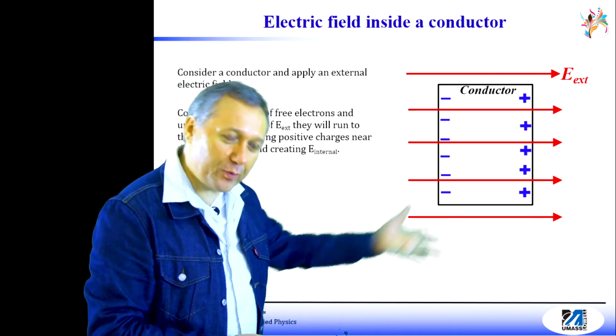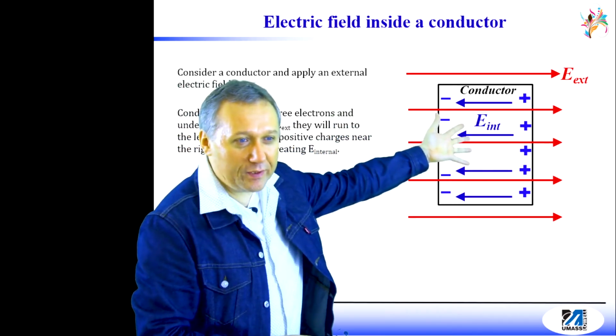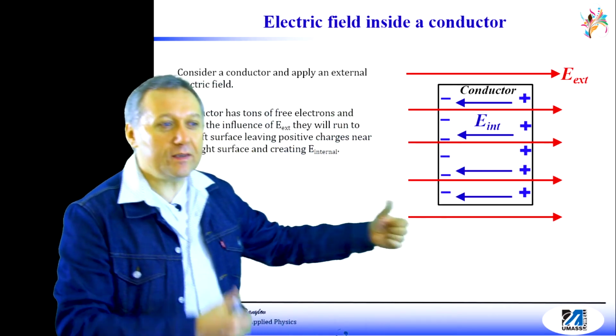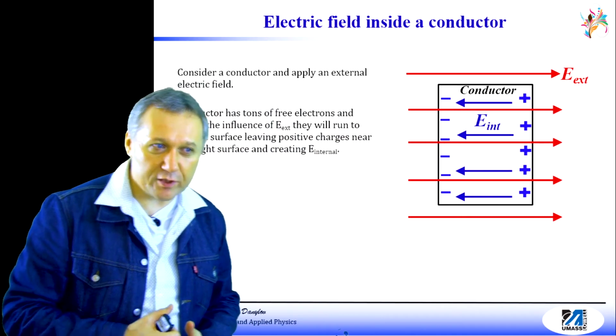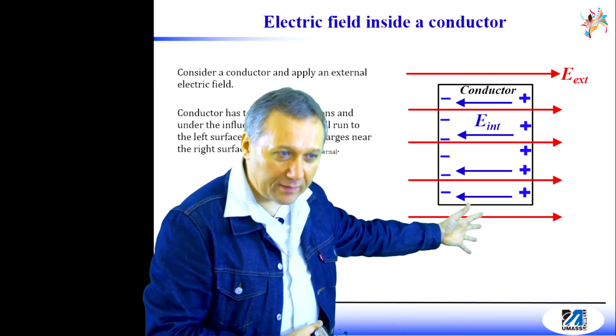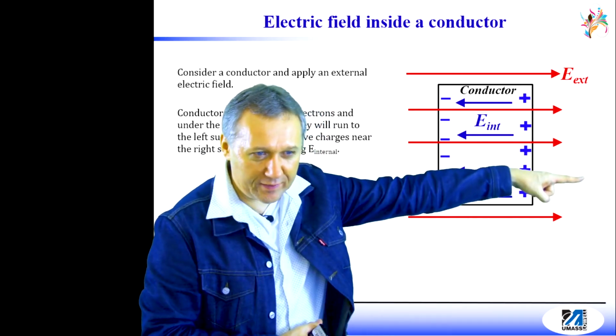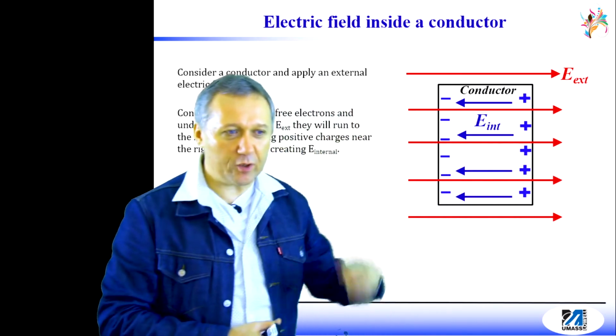From plus to minus, from positive charges to negative charges. So this blue electric field points in the opposite direction to the external electric field. Inside of the conductor, they battle, they fight. The external field goes that way, the internal field in the opposite direction.